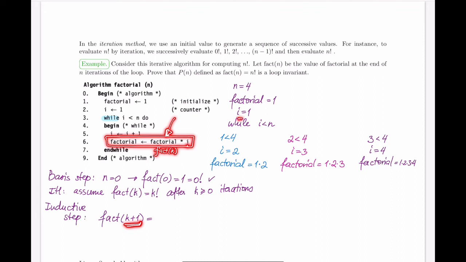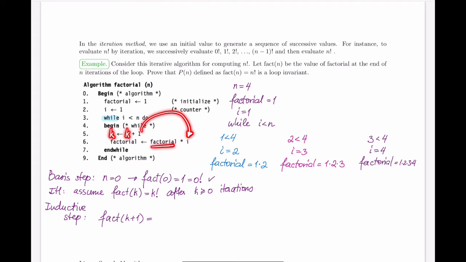Notice that for every iteration of the loop, my i is 1 bigger. I am incrementing the i before I plug it in here. So in the first iteration of the loop, my i was equal to 2. In the second iteration of the loop, my i is equal to 3, which means that in the kth iteration of the loop, my i is going to be equal to k plus 1, and that's what I'm going to plug in here.